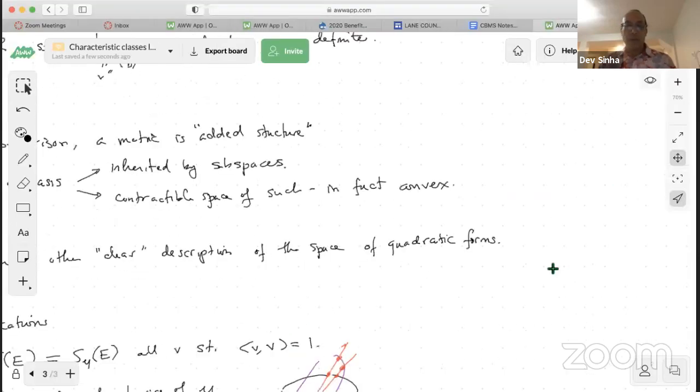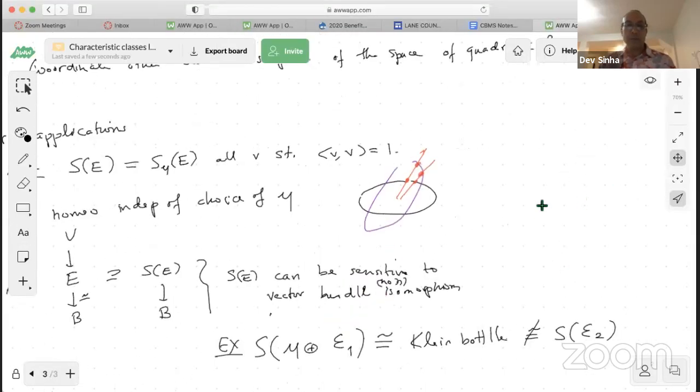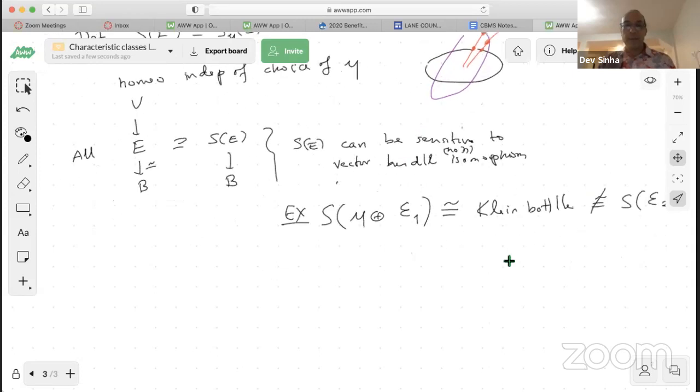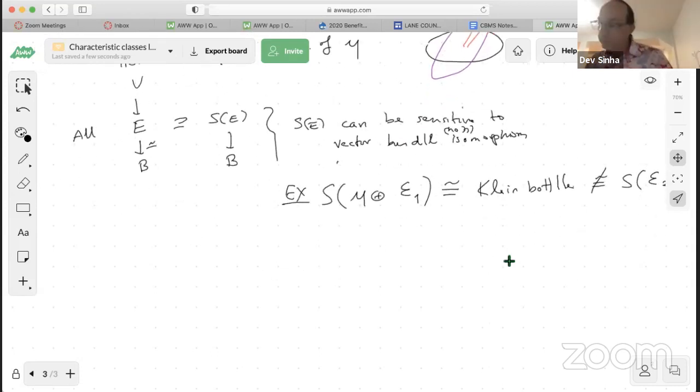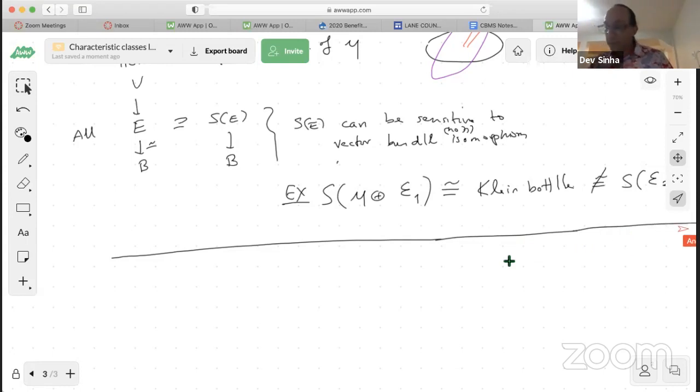Another application we can make is, when we now have a subbundle, which again, we don't always have the image of a morphism of vector bundles is a subbundle, but sometimes you have a subbundle around.